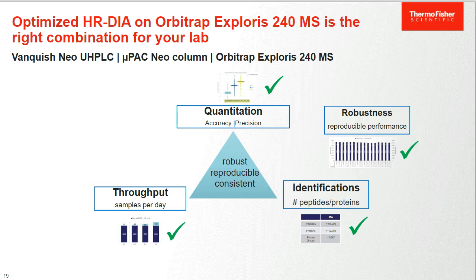We got sample throughput and quality of the obtained data while achieving high proteome coverage. On the other hand, we got long-term stability and reproducibility of the whole workflow, which was demonstrated by excellent performance and stability over a period of 2 months. So overall, we achieved robust, reproducible, consistent results for our data. These combined capabilities make our workflow suitable for application in large cohort studies.